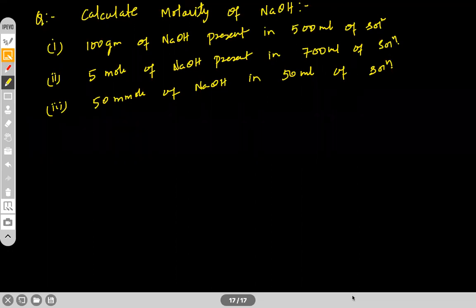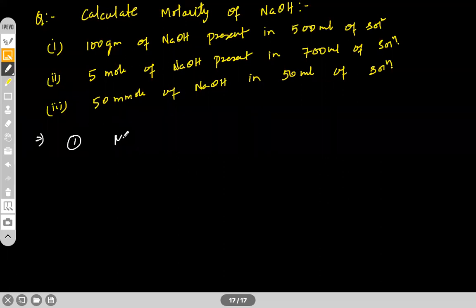Okay, done. Answers: 0.8, 7.14 and 1. So the first one, 100 gram of NaOH.